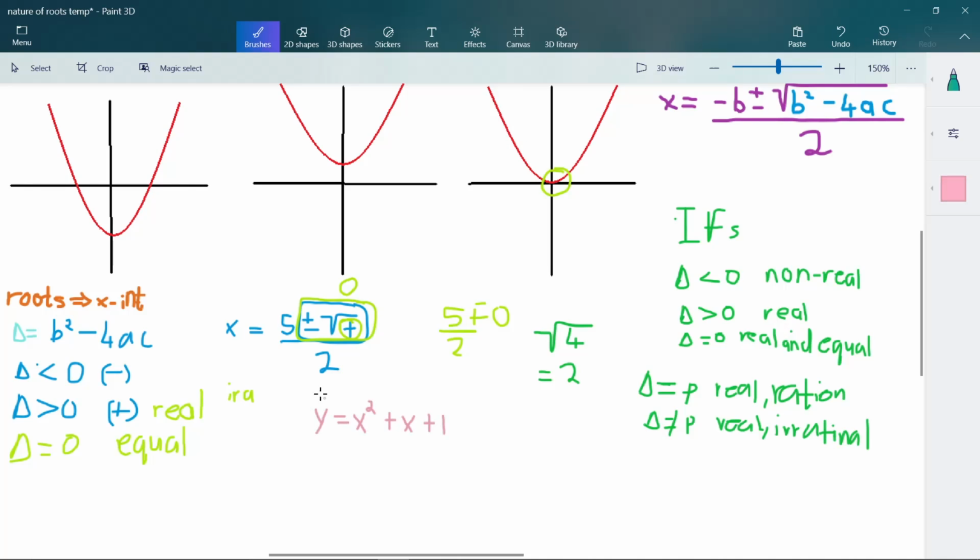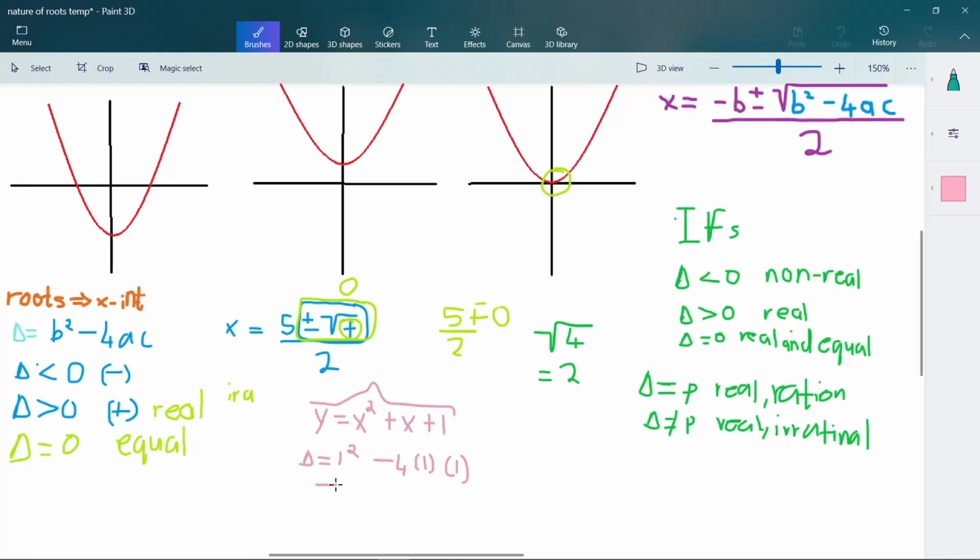Irrational. And just for a bit of context, let's say somebody asks, what is the nature of the roots of this quadratic function right here? You already know that the discriminant of a function is equal to b squared minus 4ac, and you're just going to substitute the value of b by 1, because this 1 is the value of b in this case, minus 4 into the value of a, which is also 1, and the value of c is also 1.